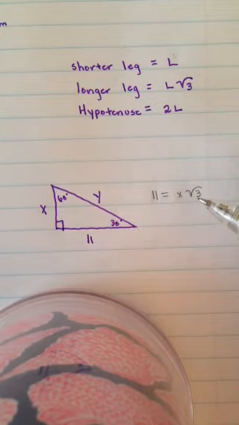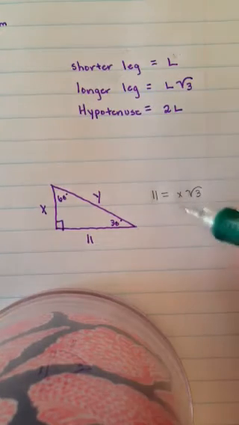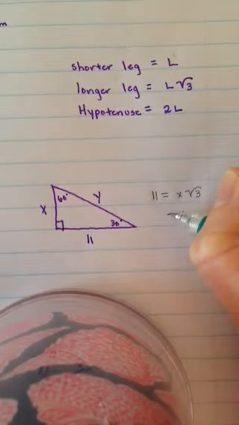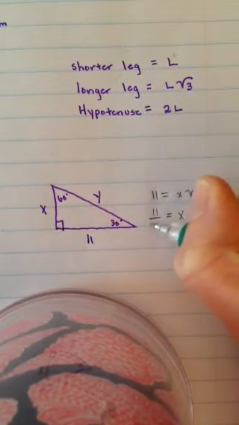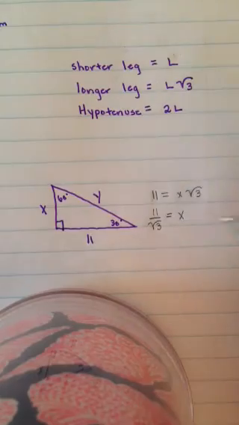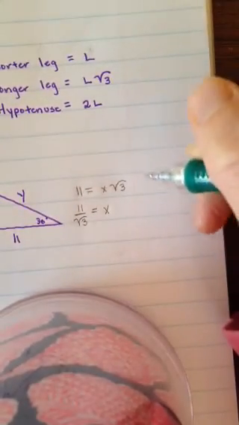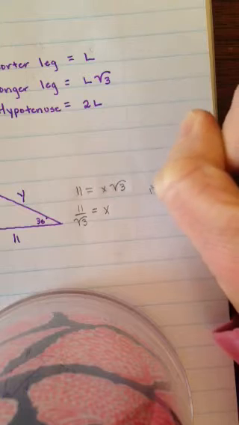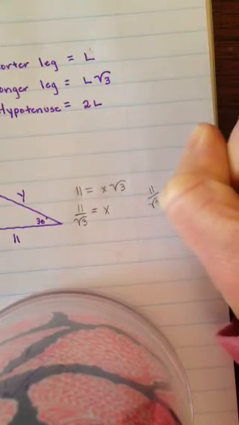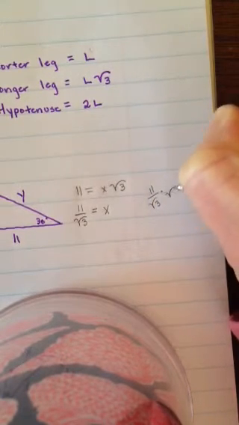Now we need to solve this for x to find out what the shorter leg is. So x is going to equal 11 divided by radical 3 so that we get x alone on the right side. Now this is going back to the first video and how I taught you to deal with radicals on the bottom. So let's do that. We have 11 over radical 3, but we cannot have that radical 3 on the bottom.